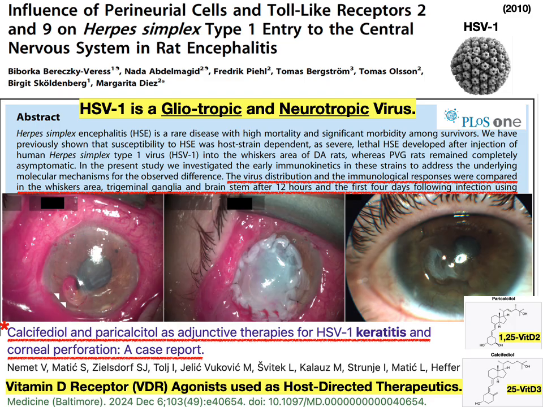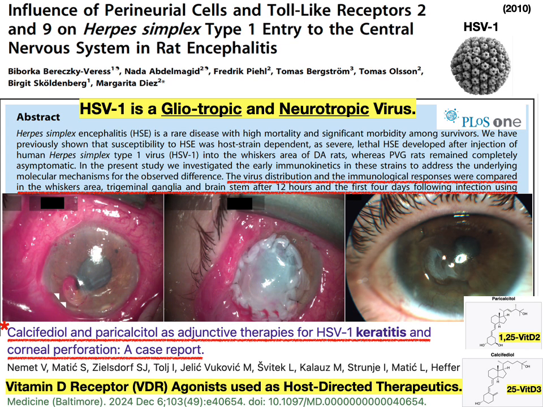Again, reading the title and abstract from this paper: influence of perineurial cells and toll-like receptors 2 and 9 on herpes simplex type 1 entry to the central nervous system in rat encephalitis. Herpes simplex encephalitis is a rare disease with high mortality and significant morbidity among survivors.